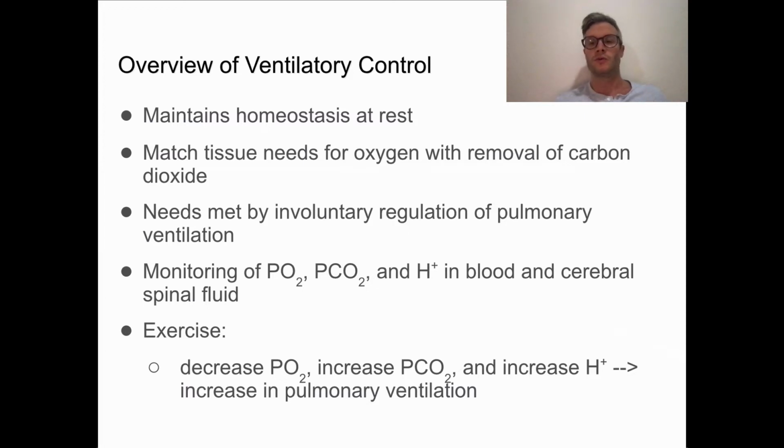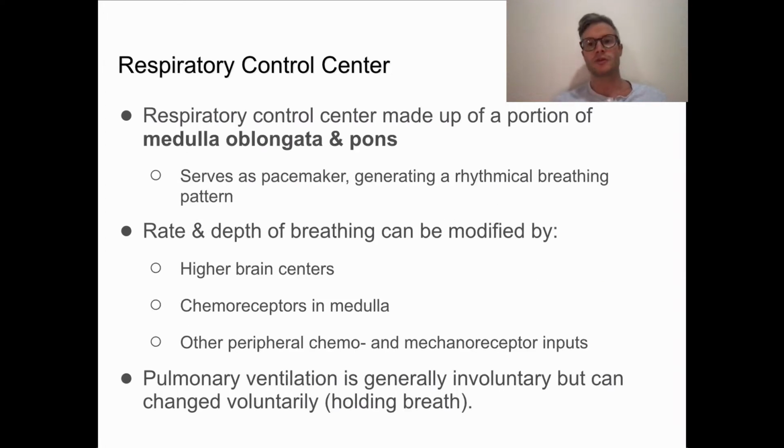But there's a few specifics. So we kind of divide our respiratory control into something that's more central, and then some things that are more peripheral. And so one of the key components to our more central respiratory controls is our respiratory center. So this is a region within, it's kind of like a shared region between our medulla oblongata and our pons.